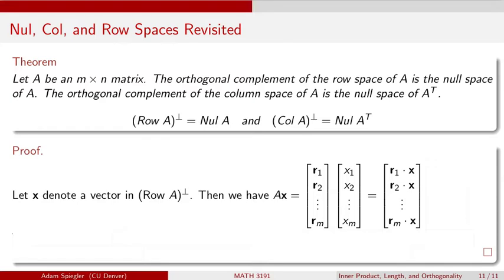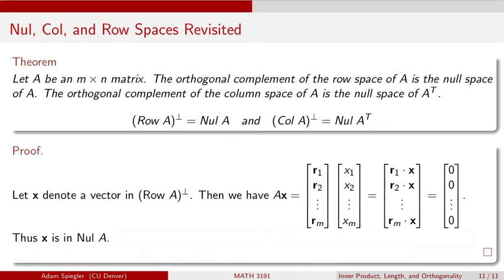And because x is in the orthogonal complement to the row space of A, this tells me that x should be orthogonal to every row vector of matrix A. So if x is orthogonal to all of these row vectors, when I take their inner product, I should get a whole vector of zeros.